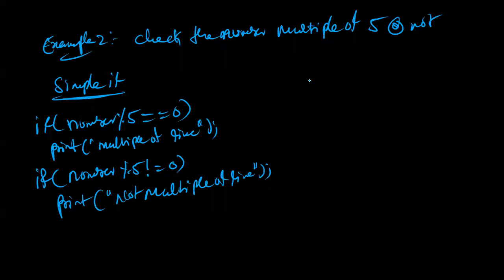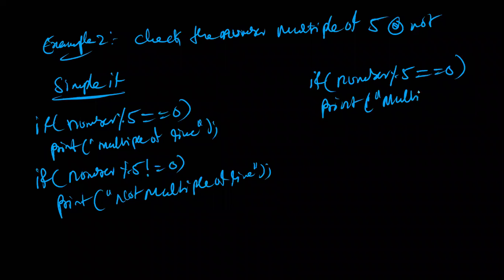But by if else, you write if number modulus 5, the remainder equal to 0, you just print multiple of 5.